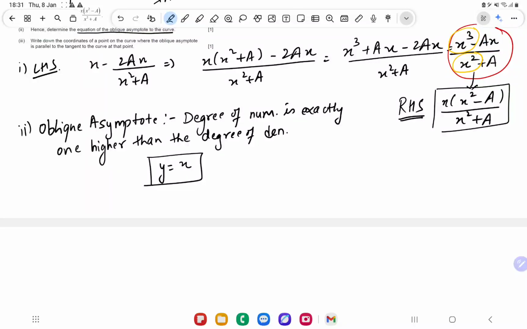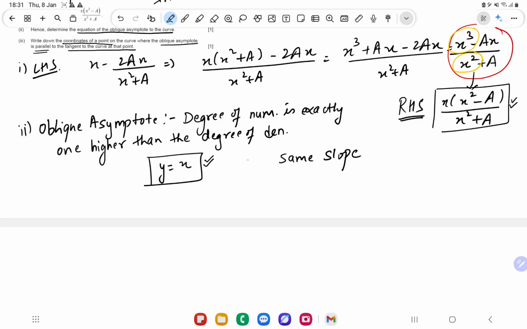Let's move on to the third part. Write down the coordinates of the point of the curve where the oblique asymptote is parallel to the tangent of the curve. We got our oblique asymptote equation, this, and we have the equation of the curve as this. It means both must have the same slope.